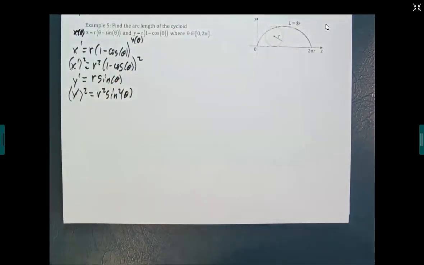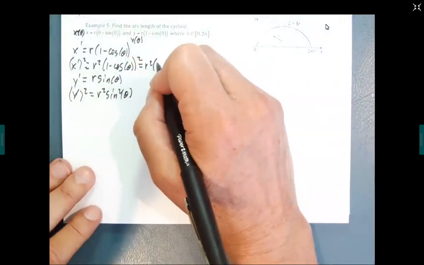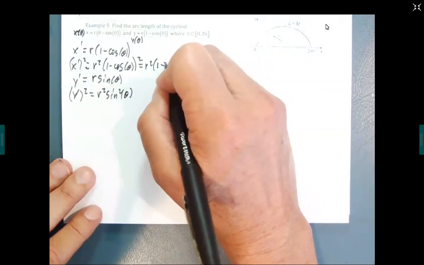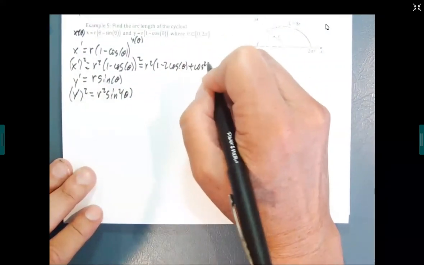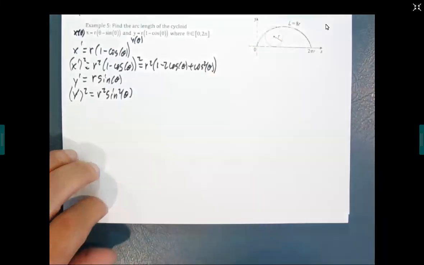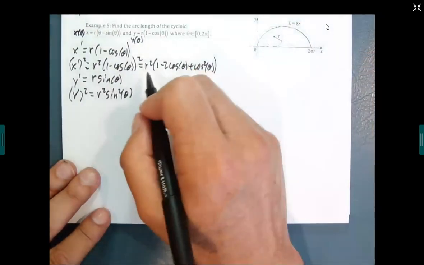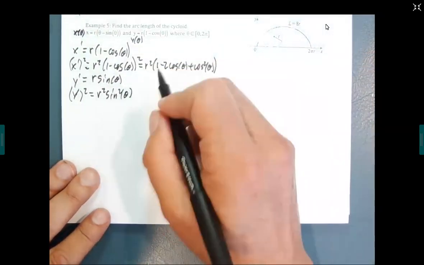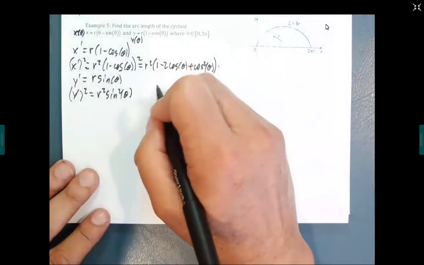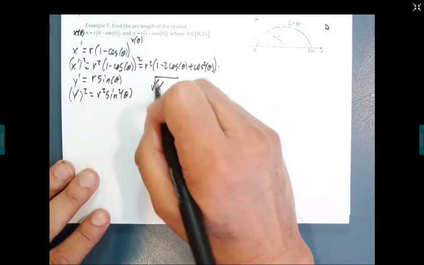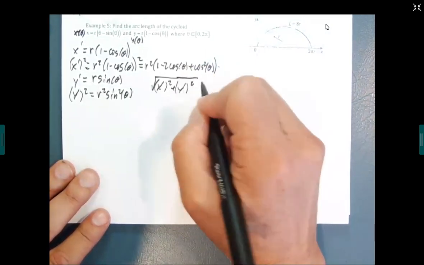So I'm actually going to FOIL this out for us. And I'm going to put this all under a radical. So I'm going to have that plus that under a radical. So square root of x prime squared plus y prime squared.